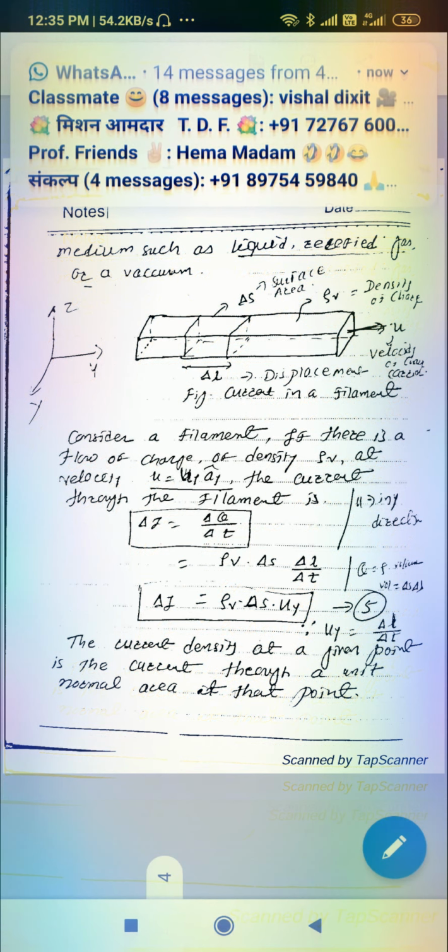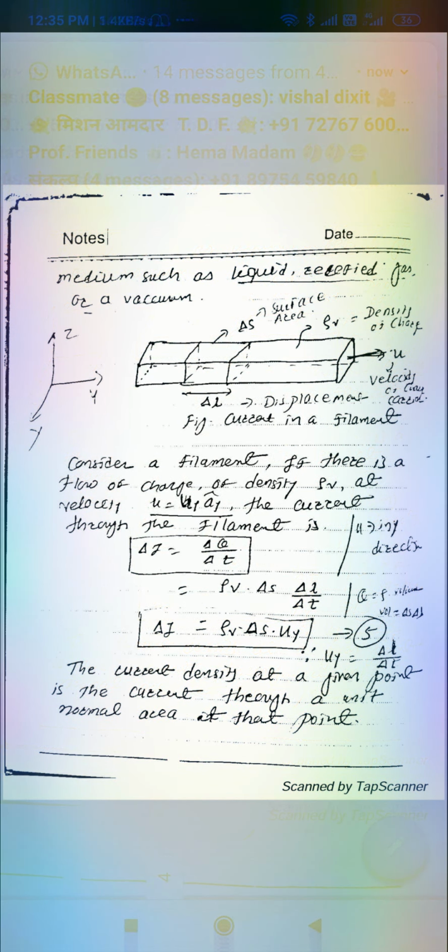This is the very important part: u y is considered as velocity, the rate of change of displacement, that is delta L divided by delta t.